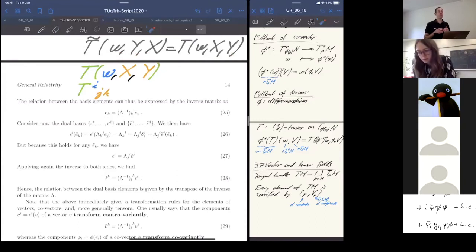But this turns out not to be very convenient for later, because later we will sometimes need to turn one of the arguments from a contravariant one into a covariant one. We haven't done this yet. We haven't even the means to do that, but we will later do that. We want to raise and lower indices. And then yes, it would be cumbersome to have this rule, because by lowering an index, it would change the position where it appears.